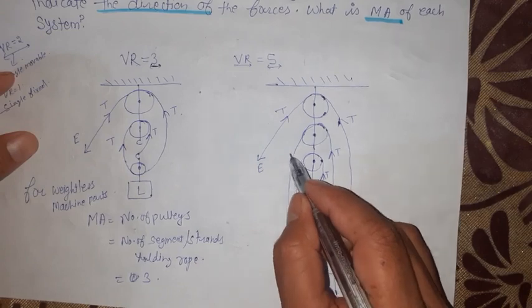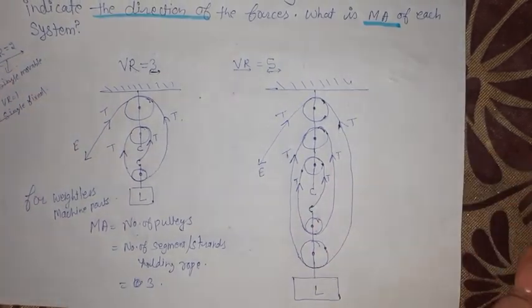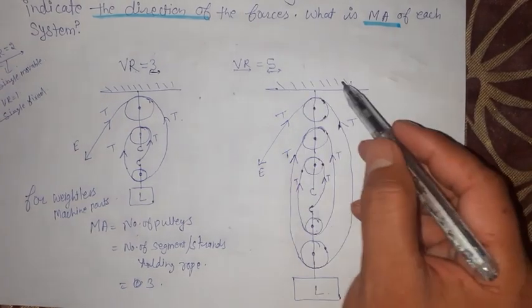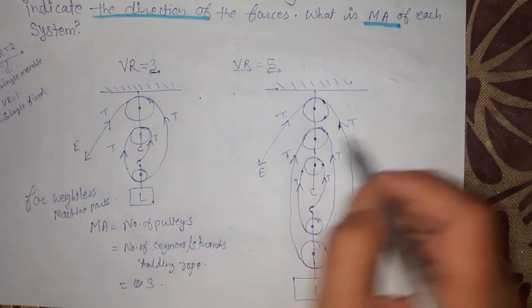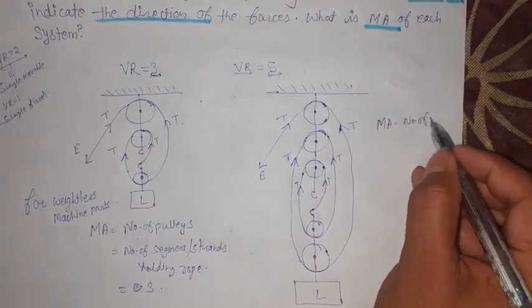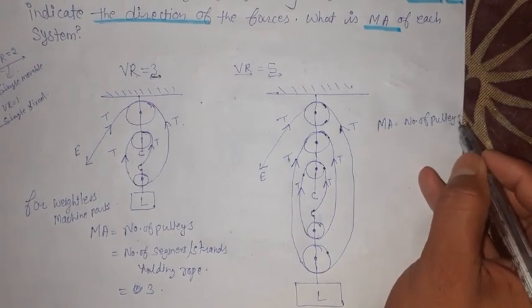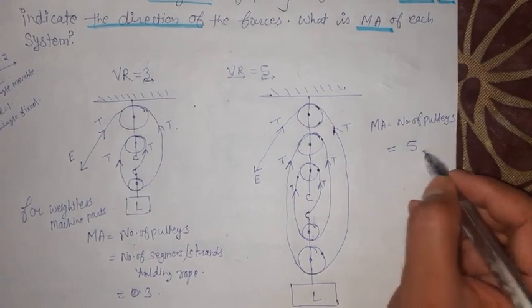In this way we need to show the tension. This tension is always in an upward direction. This is velocity ratio 5, and if there are weightless parts, then the mechanical advantage, student, is equal to the number of pulleys in this block and tackle system, so it will also be 5.